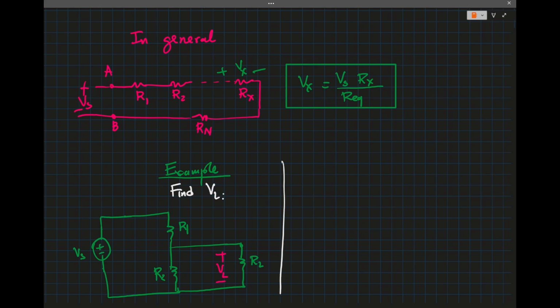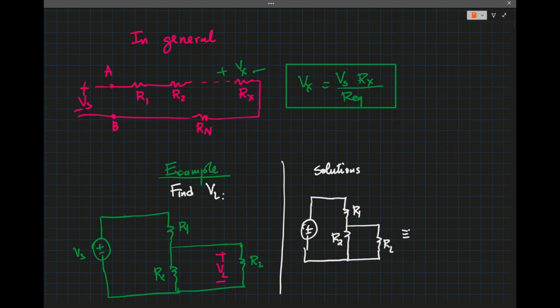Okay, so solution. Since we have a network that has some resistances in series and some in parallel, we have to simplify them. So this is our load, so this is equivalent to R1.